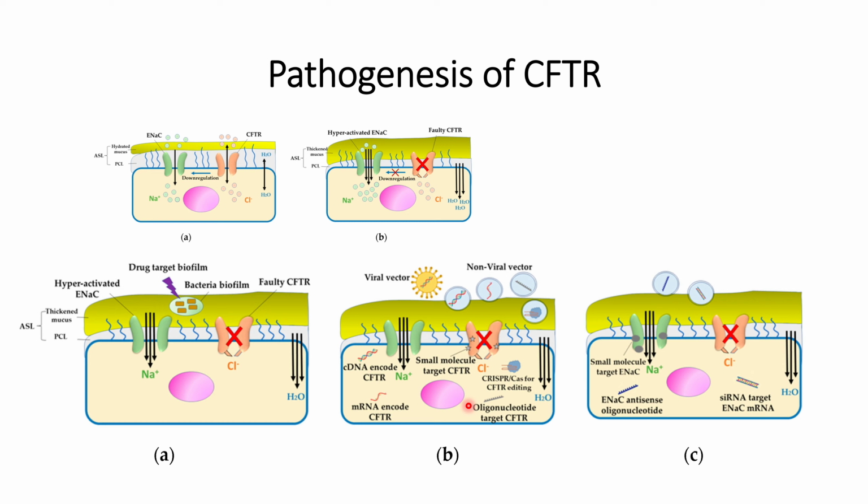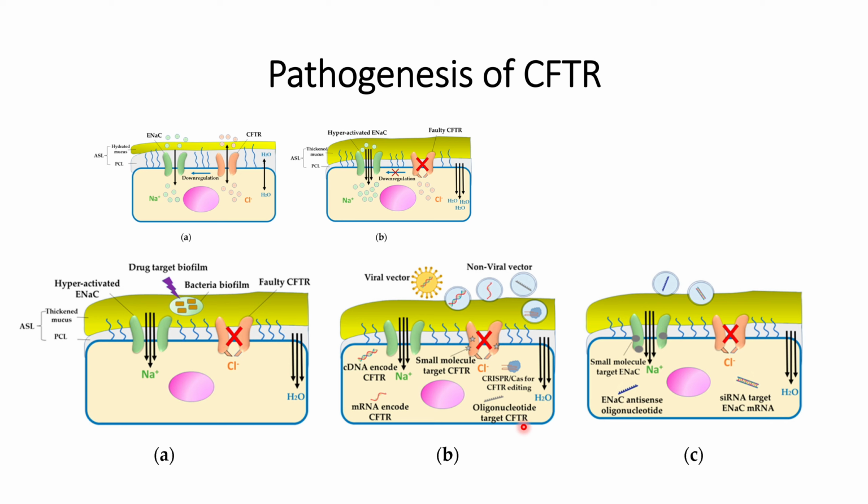It can be translated directly in the form of mRNA, and if host genome integration is required, then it needs to be transferred with the help of a viral vector. In this case, all the strategies that we have discussed in previous slides can be used in this scenario.